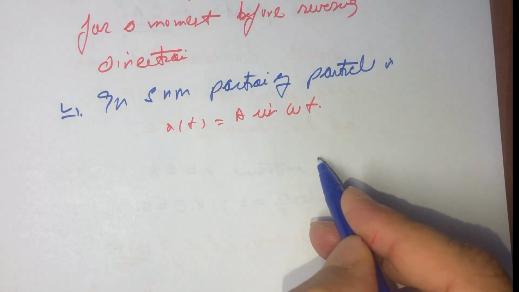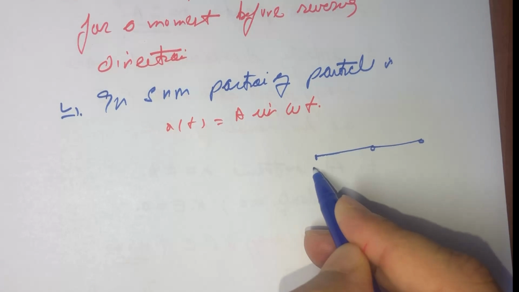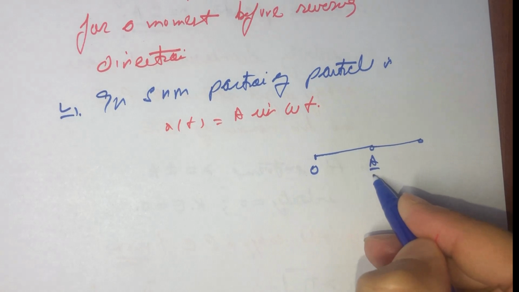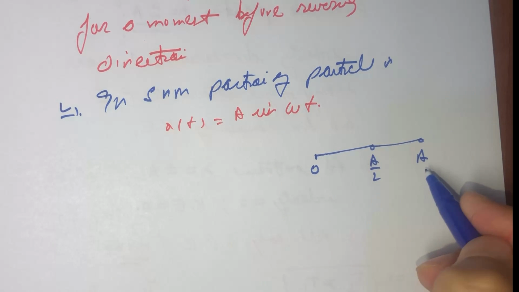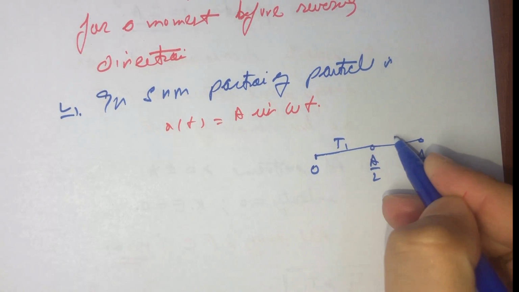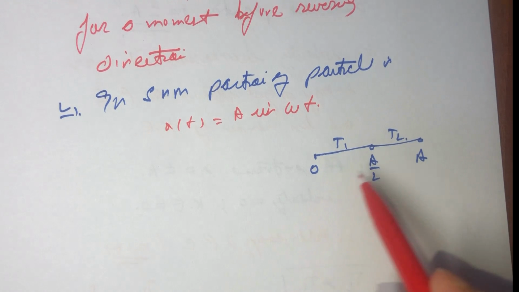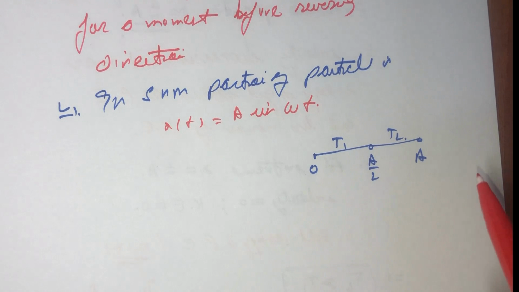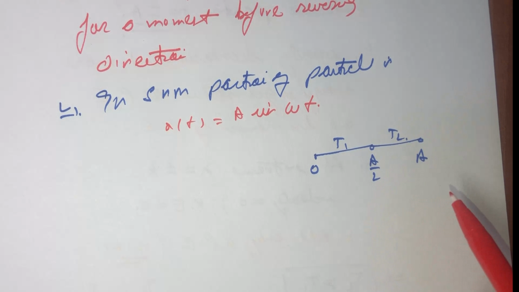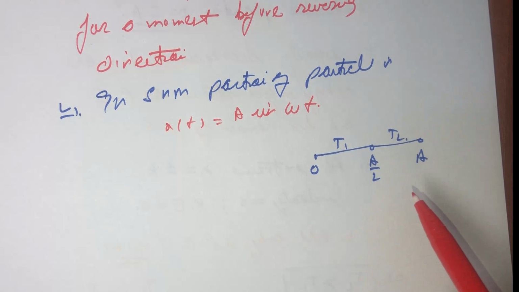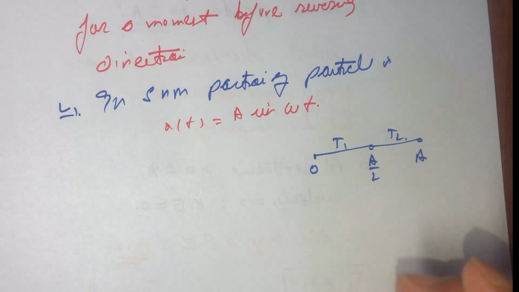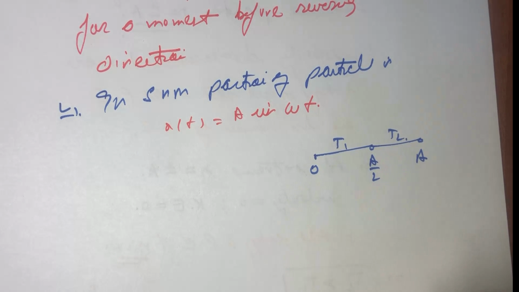Once again, if this is the mean position, this is a by 2 and this is a, the time taken is t1 and this is t2. As it moves towards the extreme position, the restoring force is going to increase, the velocity is going to decrease, and the time taken to cover the distance is going to increase.